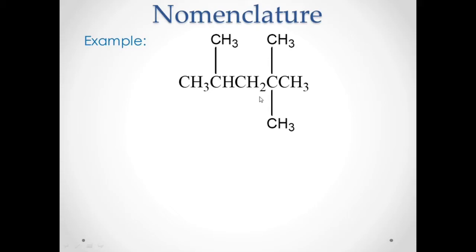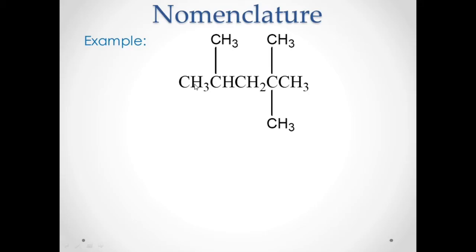So rule number 1, you locate or determine the longest continuous carbon chain. So you have 1, 2, 3, 4, 5. You can also go the other way, 1, 2, 3, 4, 5.